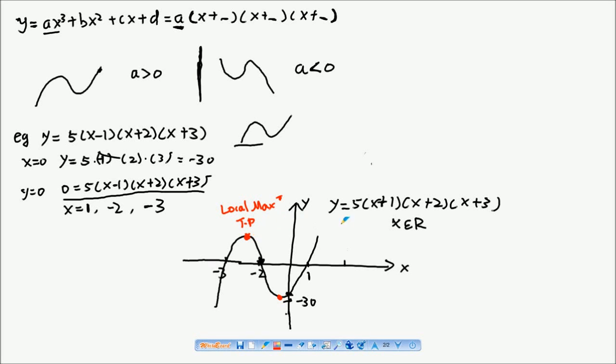The maximum of the graph lies somewhere there, because as the domain increases, the graph keeps going on. Your maximum point should be somewhere there when x is infinity and y is infinity. But we have a turning point there. We call it the local maximum turning point. Similarly, the turning point there we call the local minimum turning point.